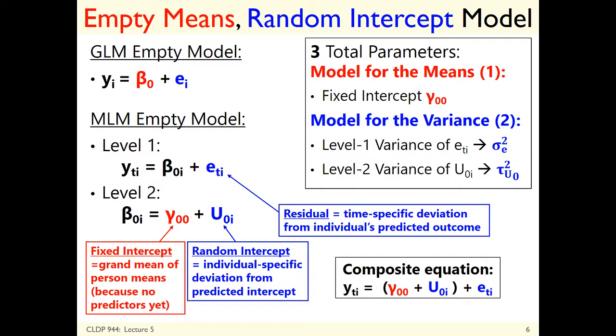So this is my new fixed intercept. This is the part that everybody gets, gamma 0,0. U0i is still my random intercept. Each person gets 1 random intercept, which is the deviation between the grand mean, given in red, to get to their person mean, given in the sum of the 2.